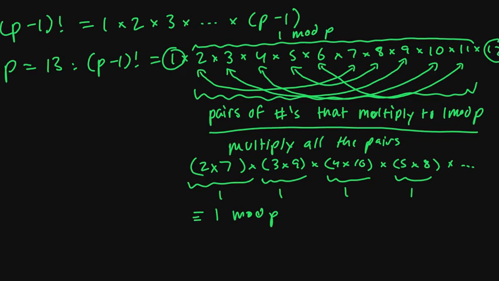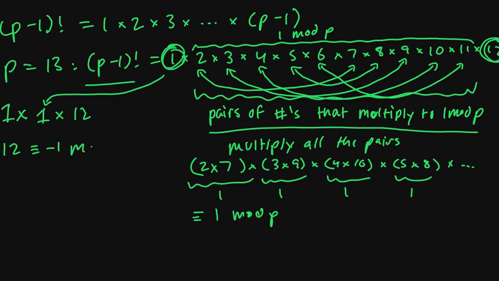But if we want to find what (p minus 1) factorial is mod p, we still have to include this 1 and this 12 over on the right. So we take 1, from multiplying all the numbers in the middle, we'll multiply it by this 1, and we'll multiply by this 12. And note that 12 is congruent to negative 1 mod p, for it is 1 less than 13.